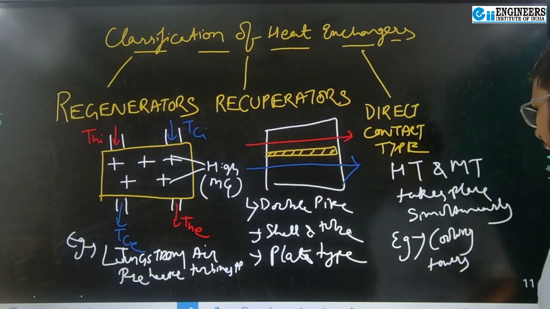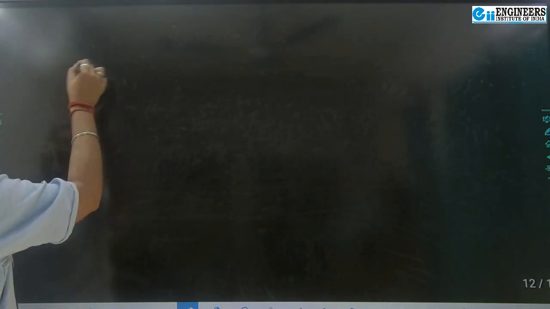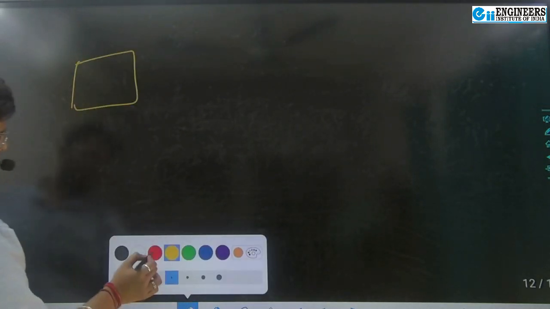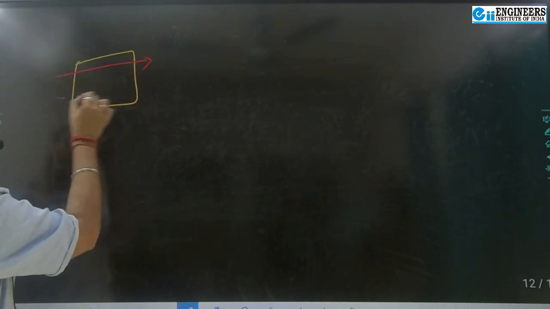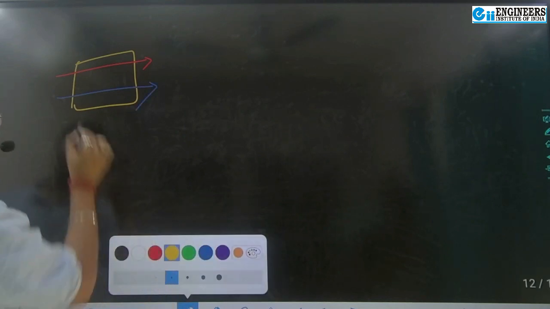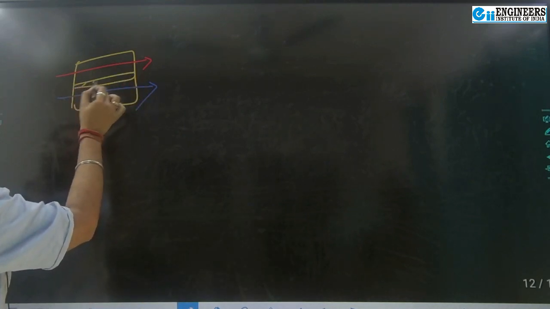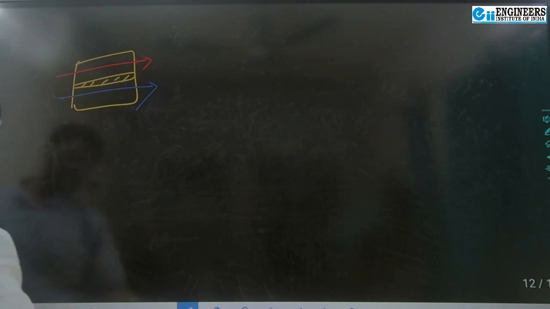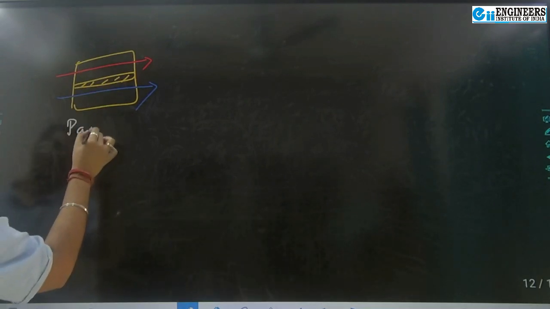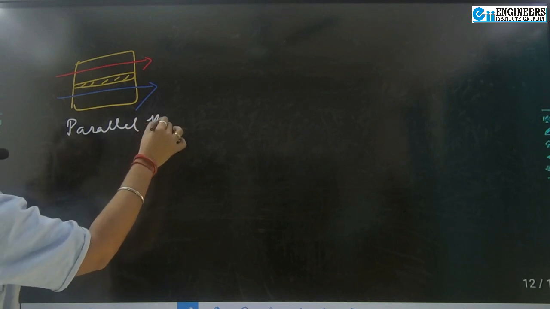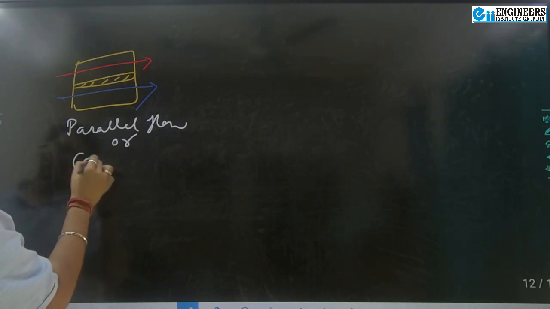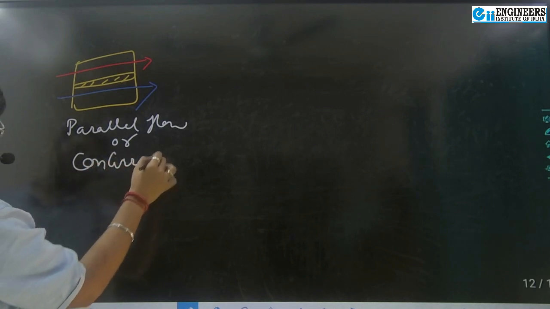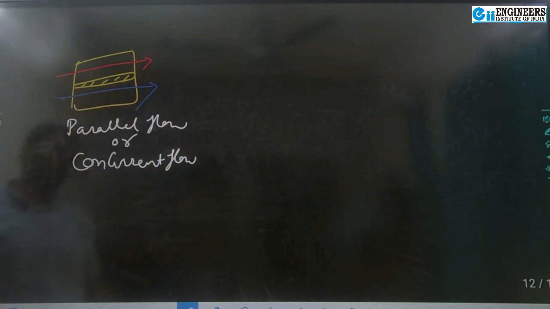So here, if we analyze a system in which hot fluid is flowing in a direction and cold fluid is flowing in the same direction with a separation wall, this type of flow is called parallel flow or concurrent flow.